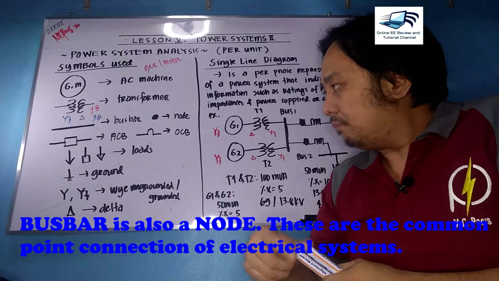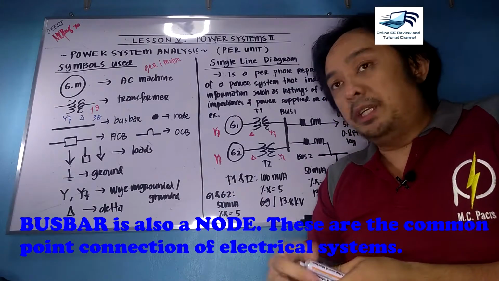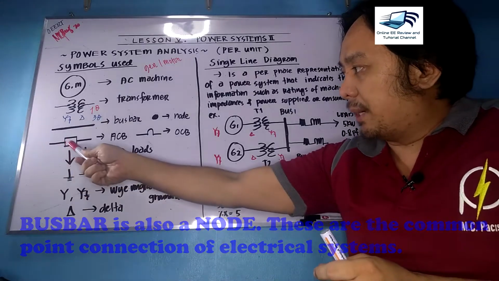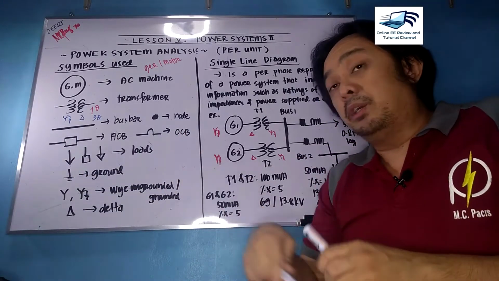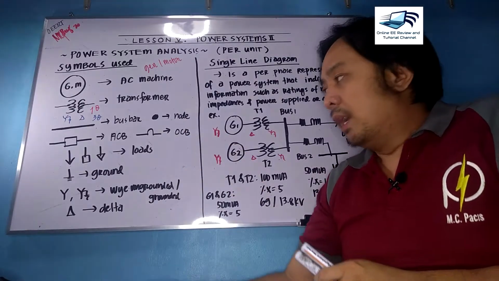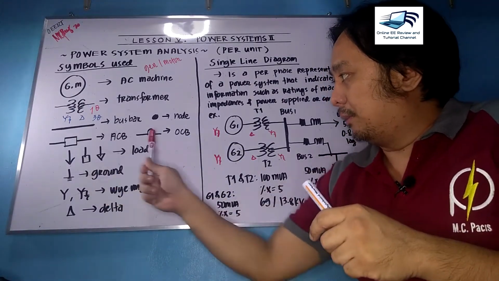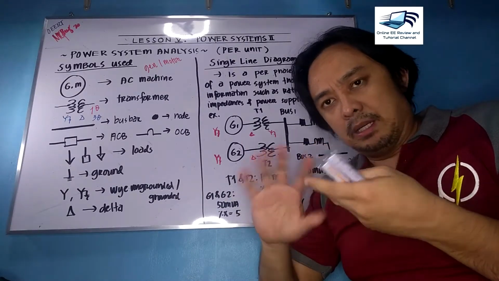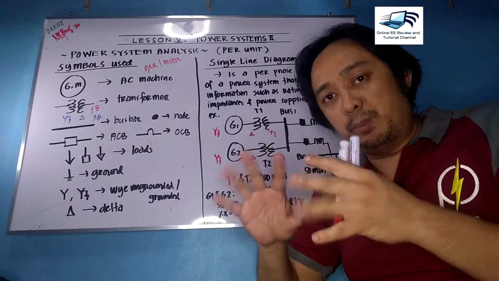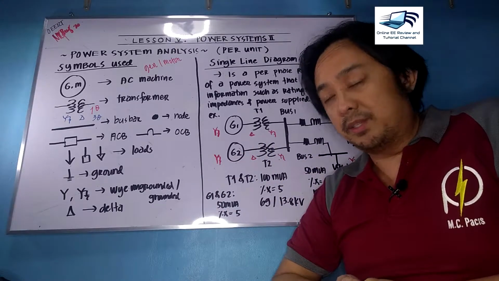Also, you have an air circuit breaker, which is a box type protection here, and an oil circuit breaker or OCB, which is like a hump. Please take note, these are protective devices, but it is not important on our analysis, especially when considering performance.